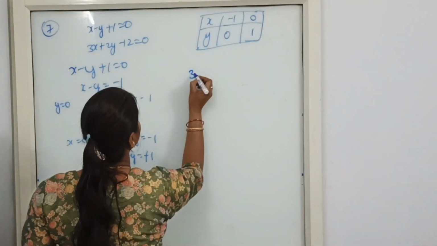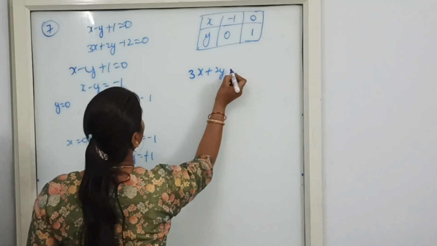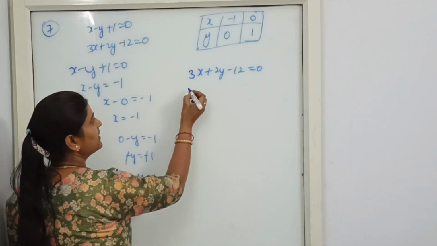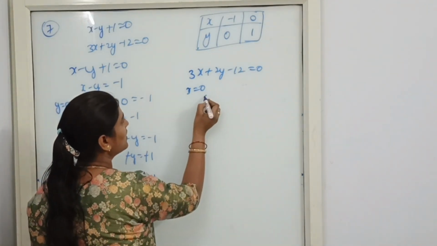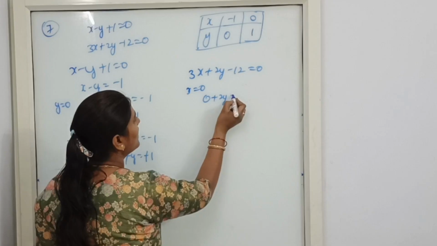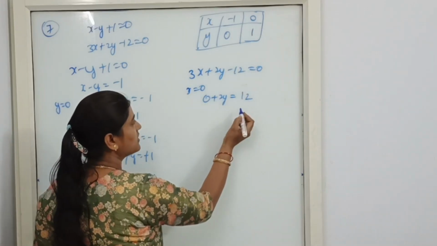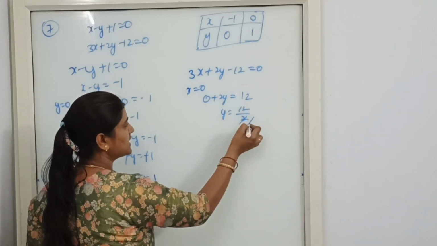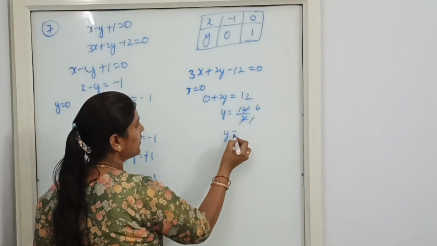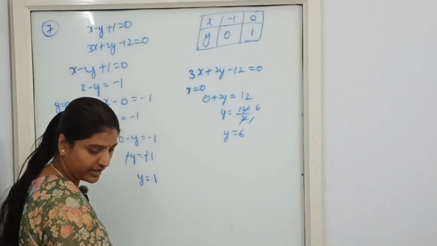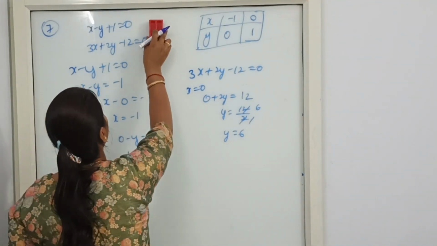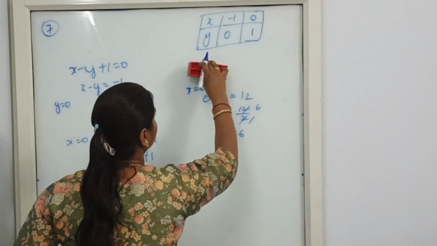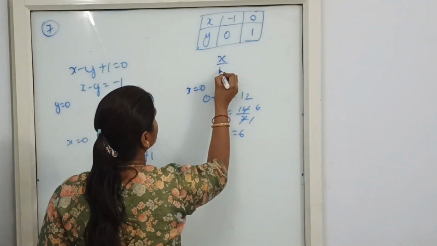The second equation is 3x plus 2y minus 12 is equal to 0. For the simplest, you take x is equal to 0, 0 plus 2y is equal to transpose 12, means positive 12. y is equal to 12 divided by 2, 2 6s are 12. So y is 6. Let me write the second table here, x and y.